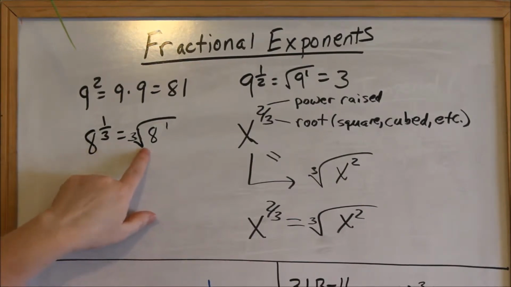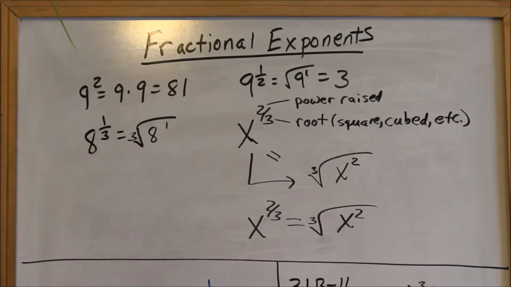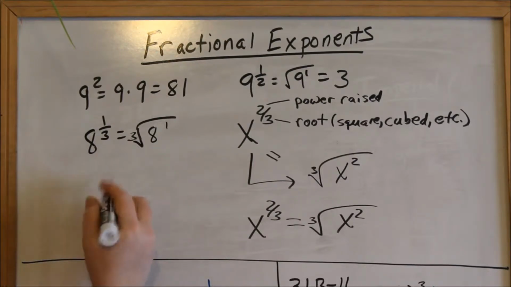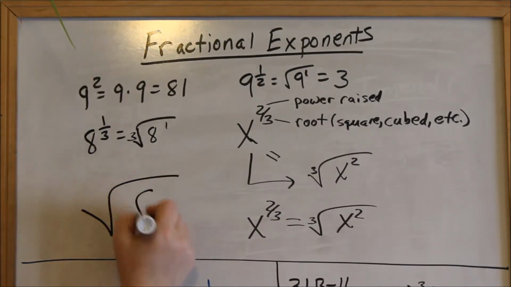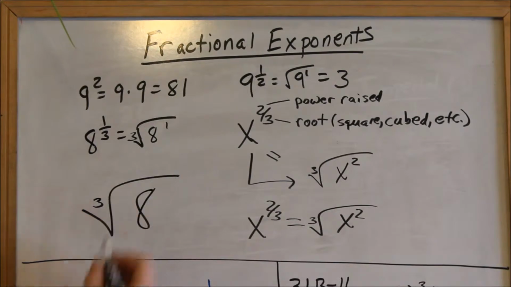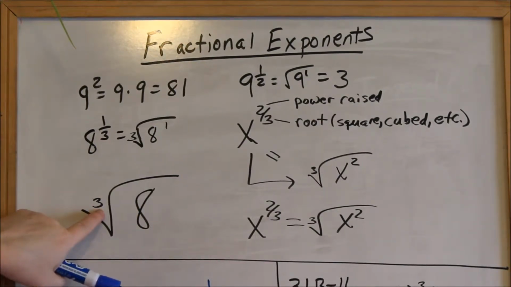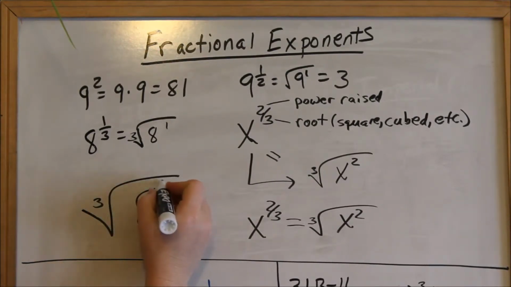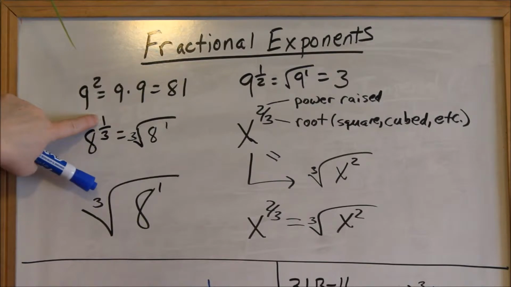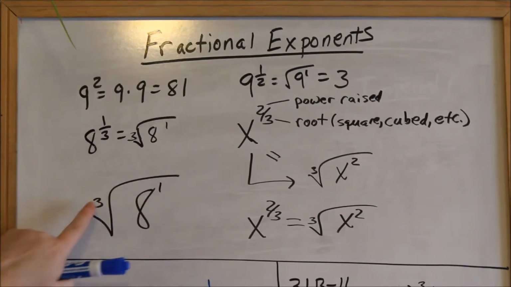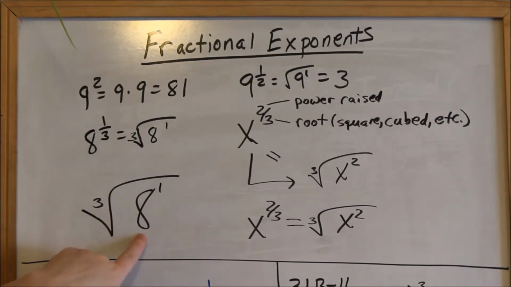When you have a radical and then there is a number right here in the radical, that tells you the root. This tells me I am taking the cube root. It is no longer square root. And that numerator tells me I'm raising 8 to the 1st power. So I'm taking the cube root of 8 to the 1st power.